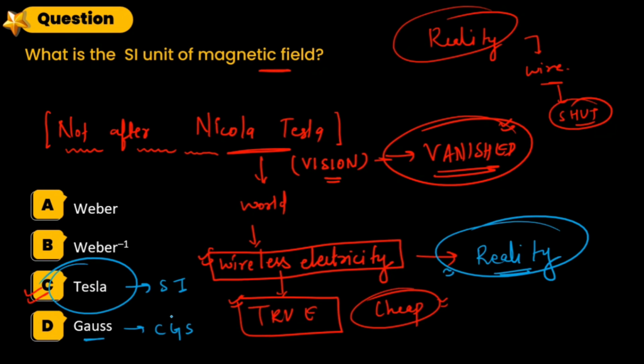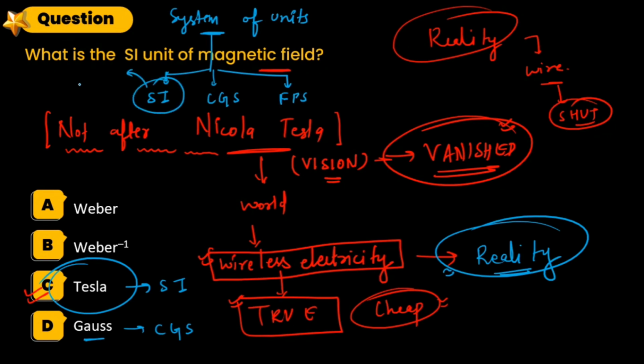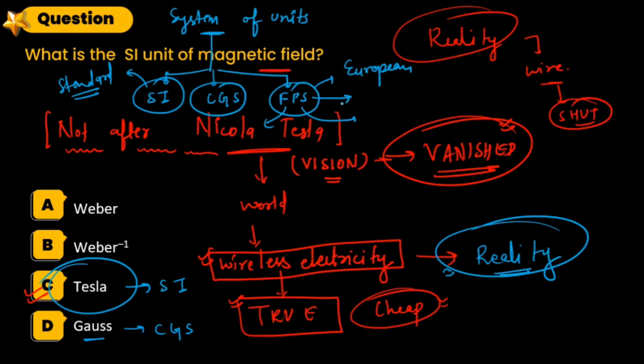Basically, see, there are different systems in which we measure different units. These systems are the SI system, we call it the CGS system, and we also have the FPS system. The SI system is accepted by the world, which is standard and common throughout the world. CGS and FPS systems are those adopted by European countries. F represents foot, P represents pound, S represents second.